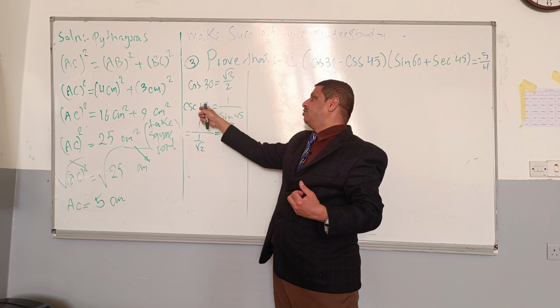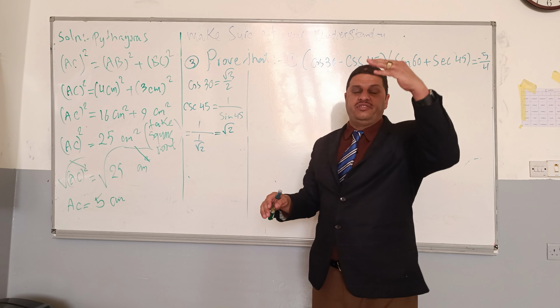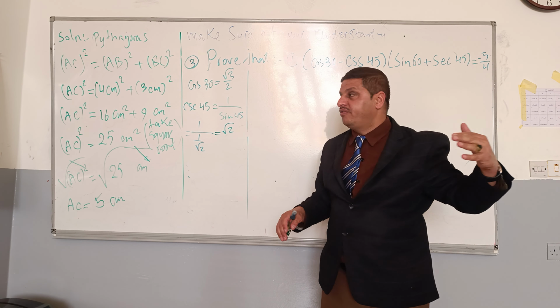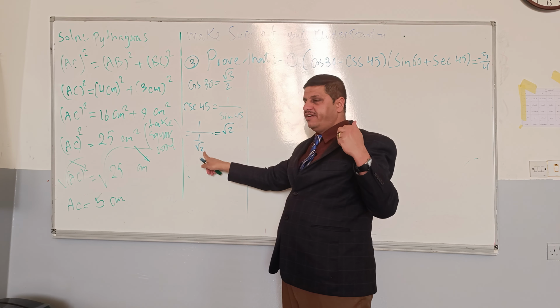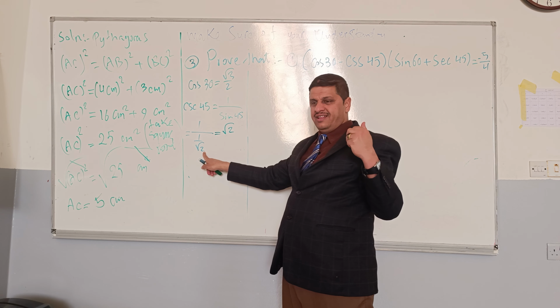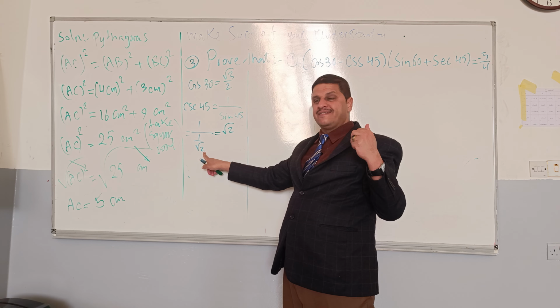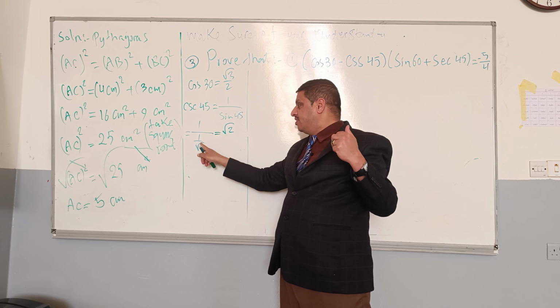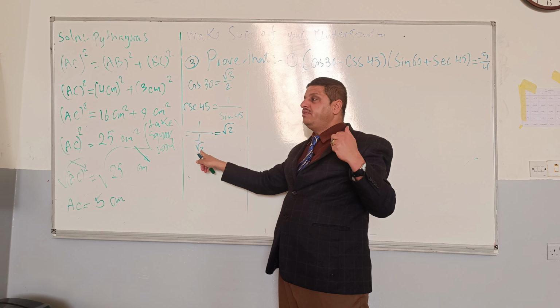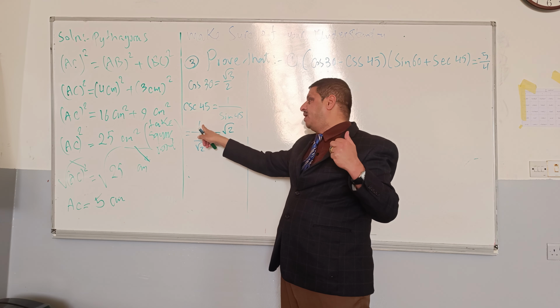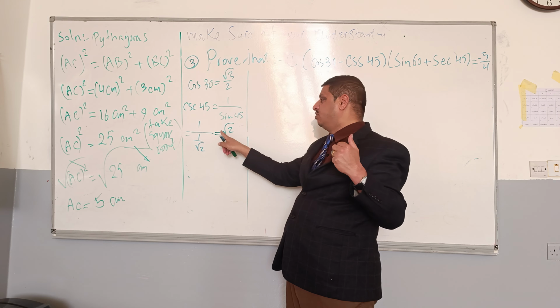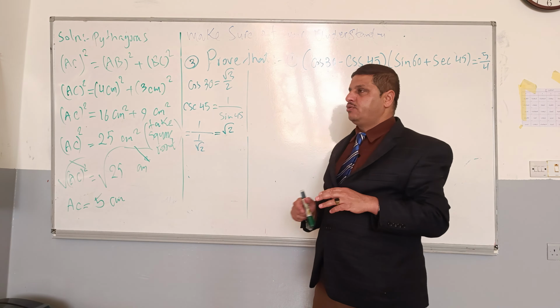The cosecant equals 1 divided by the sine of the same angle. Sine of 45 is 1 over square root of 2. The rule says we multiply the denominator by the numerator. Square root of 2 by 1, square root of 2, divided by 1, it is square root of 2.